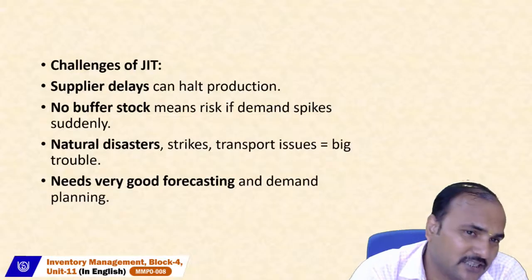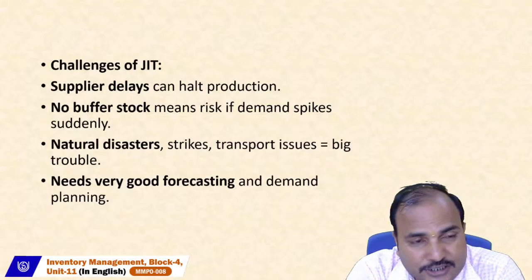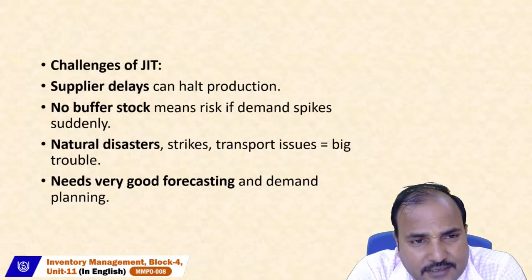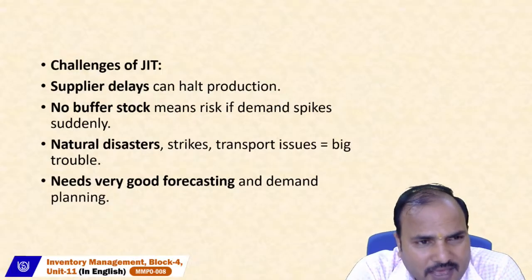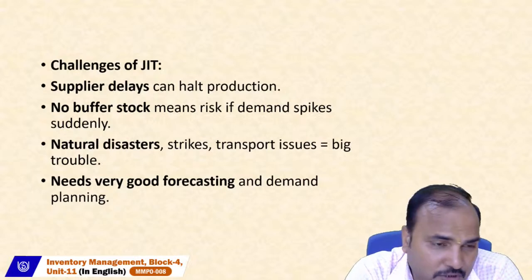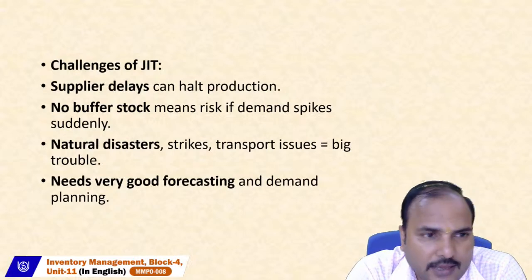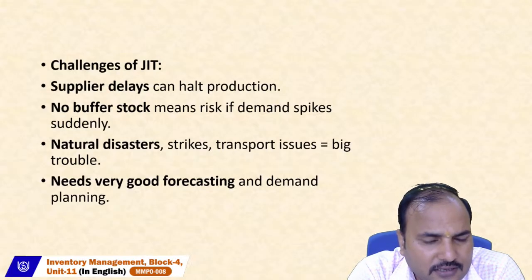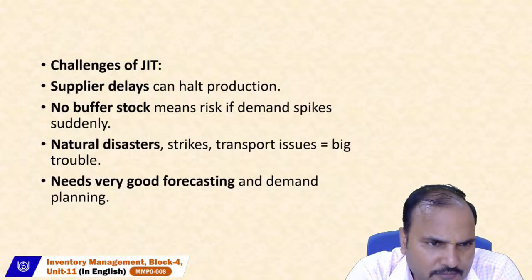But there are some challenges of just-in-time. What are the challenges? One is supplier delays can halt the production. If the supplier delays, what happens? The production will be stopped. And there is no buffer stock, which means risk if demand spikes suddenly.